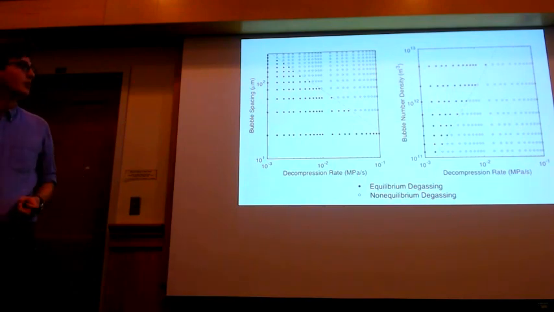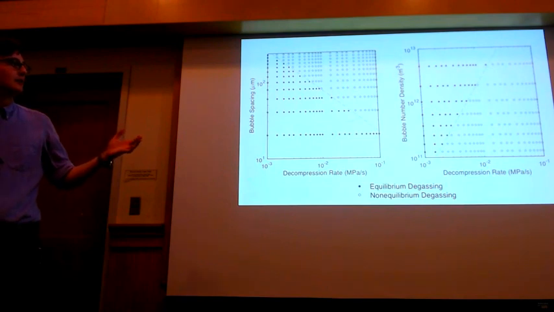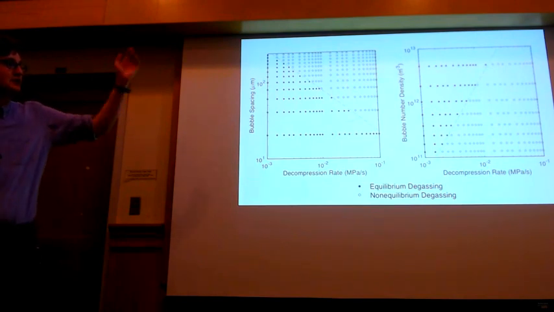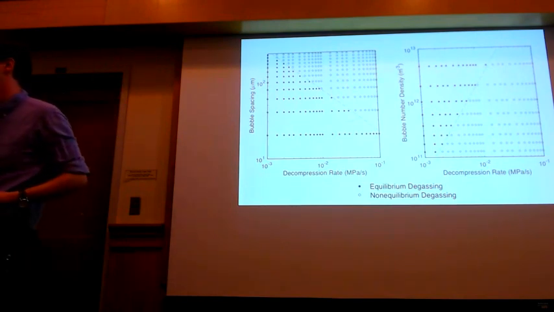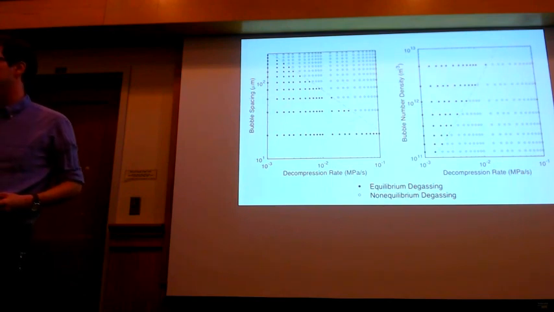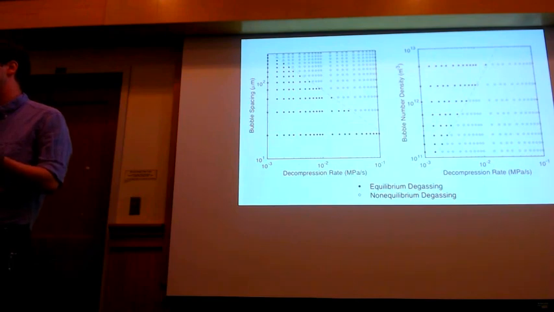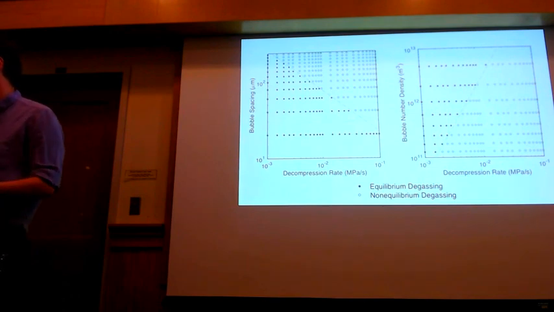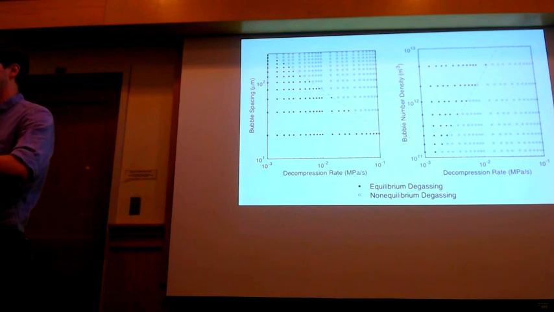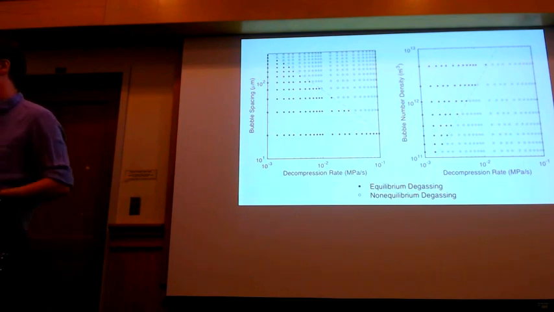So then that would really expand your equilibrium degassing regime. So this would probably be more useful for slower or faster ascent, and then also deeper conduit systems where you haven't fully fragmented and haven't formed all those bubbles yet.